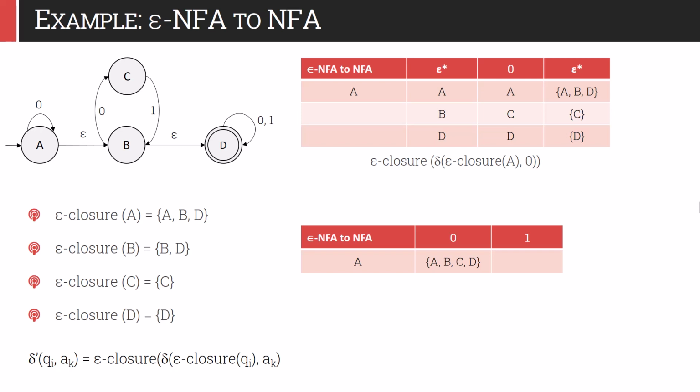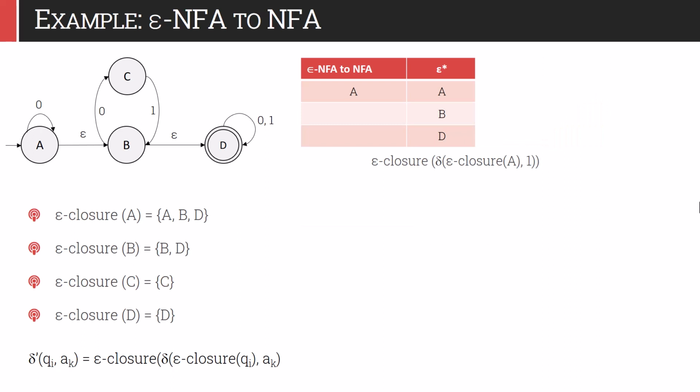Same process we have to repeat for input 1 now. That function we will call epsilon closure of delta of epsilon closure of A on input 1. Epsilon closure of A we first compute, that is ABD. Now we compute the delta transition function from A, B and D for input 1. There is no transition from state A for input 1, so that is phi.